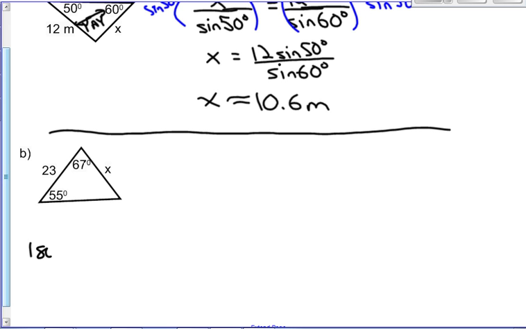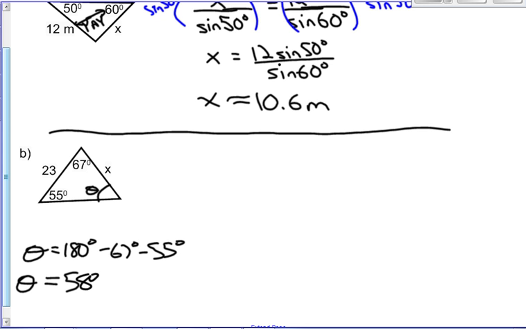In this triangle, the last angle over here, let's call it theta, is going to be 180 minus the other two angles. Because the total angles in a triangle have to add up to 180. So if we do that, we'll get 58 degrees.